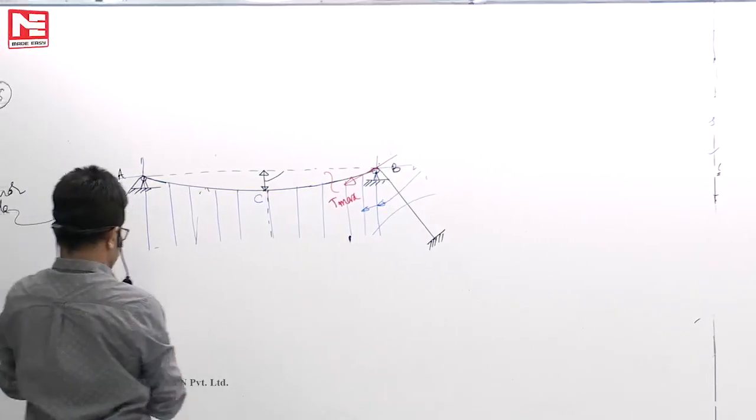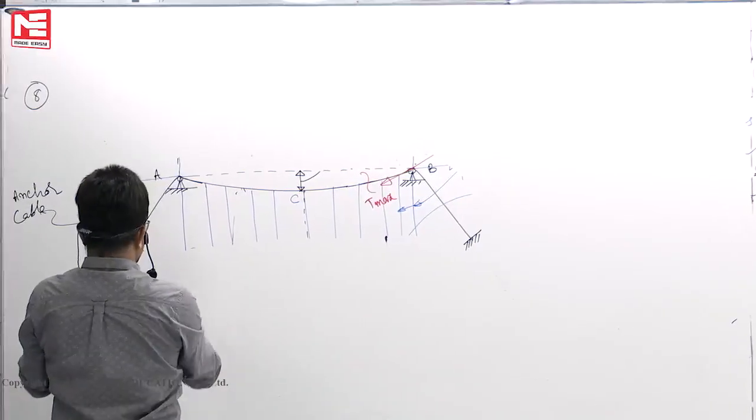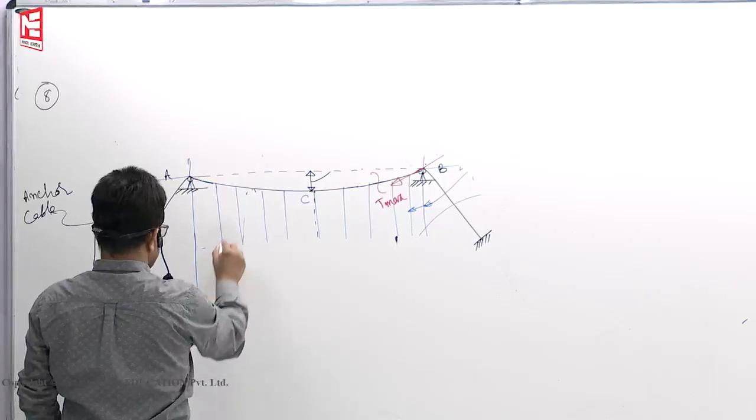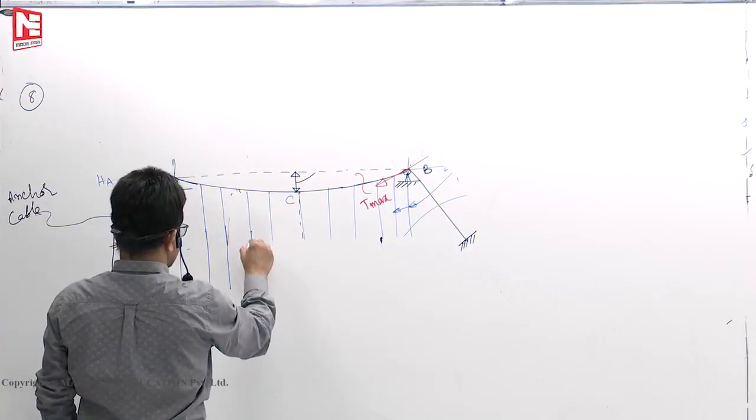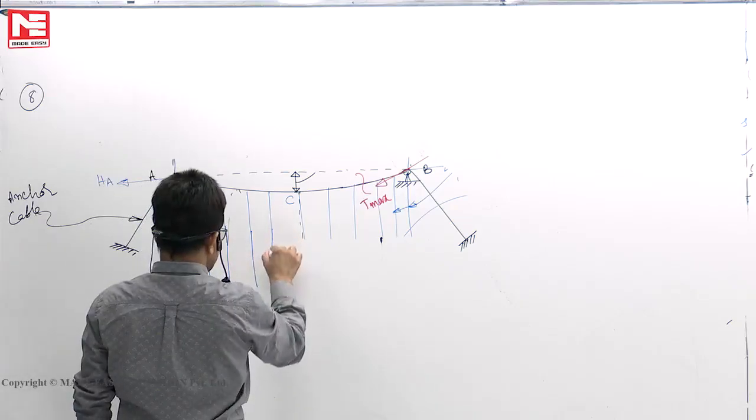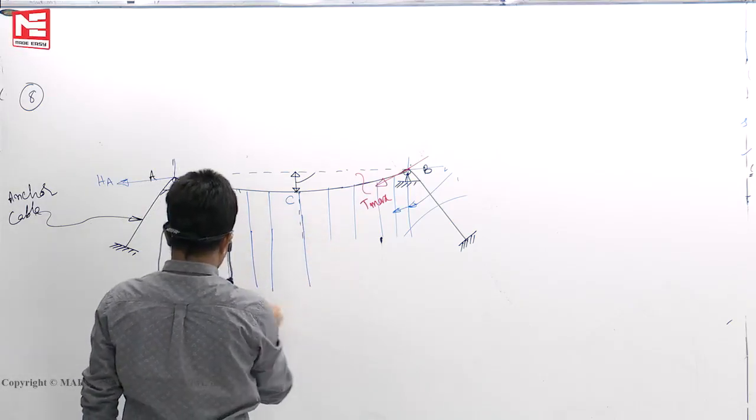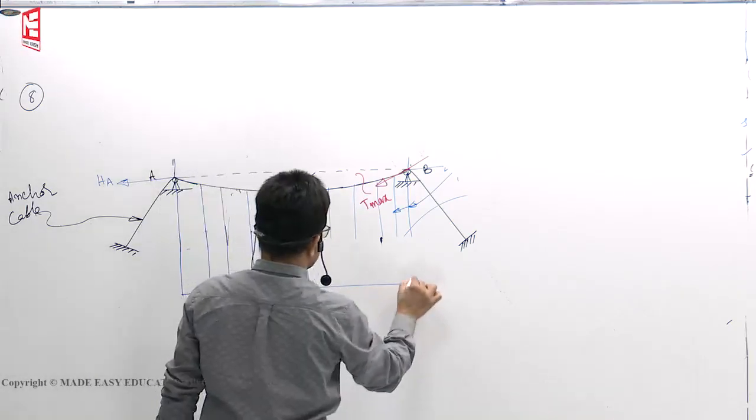Now see, earlier I have drawn up to here, this is 8th point. Now we want to know what is below this one. If you extend this anchor cables, no, this is the hanger cables. The hanger cables will go something like this.